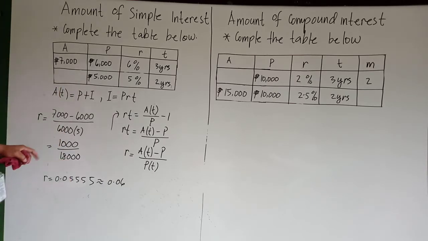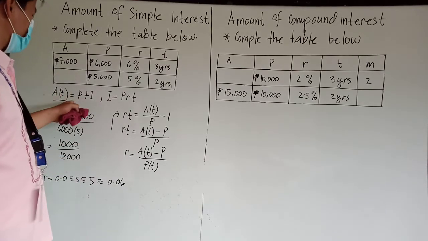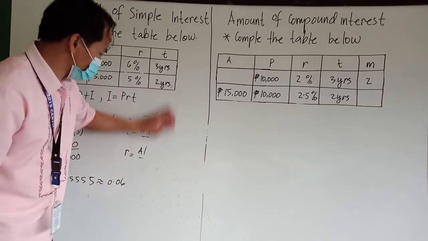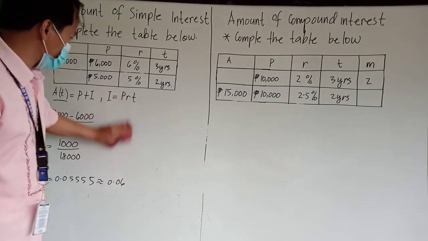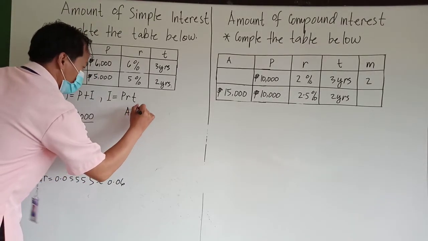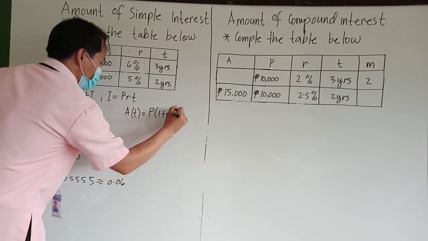Let us now proceed to the amount of the simple interest for the second row. We are supposed to find our A(T) for this one, so we will use the formula we have solved for the second row. We have the formula A(T) is equal to P times (1 plus rate times time).